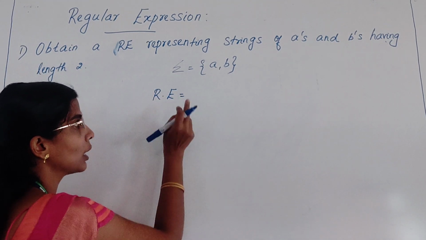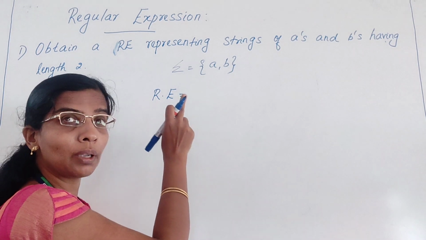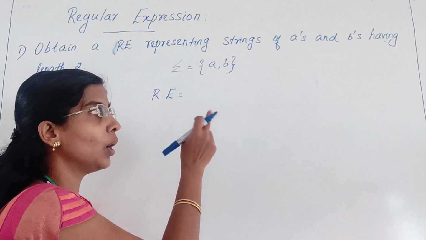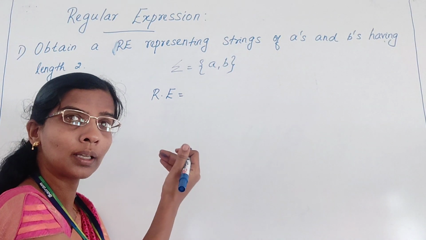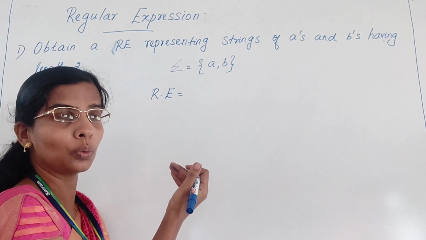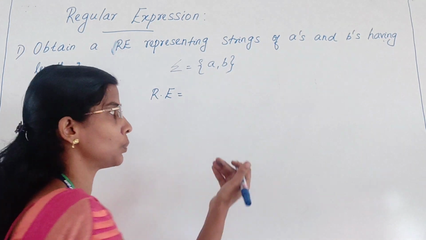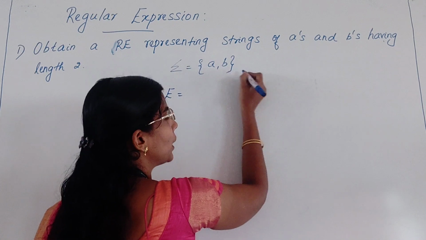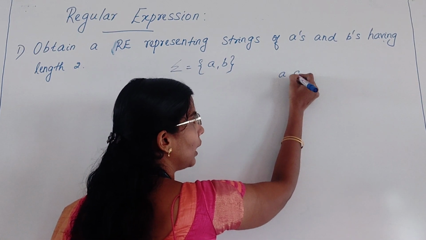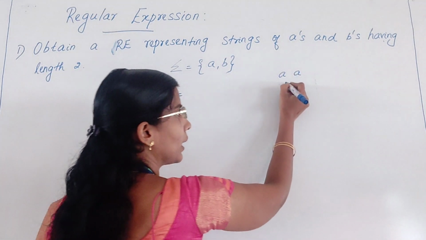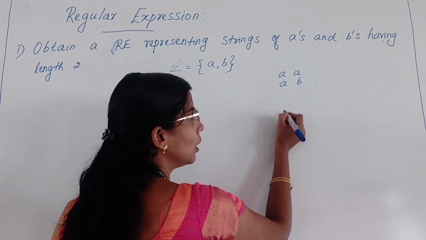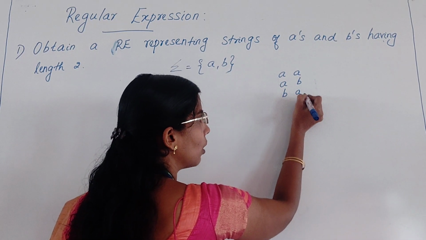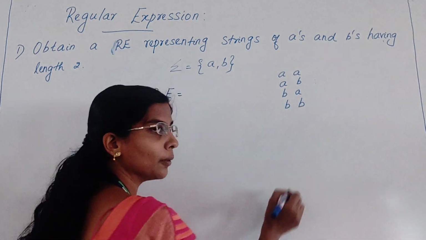If my sigma is A and B, what are the possible strings with length 2? I can have AA, AB, BA or BB.